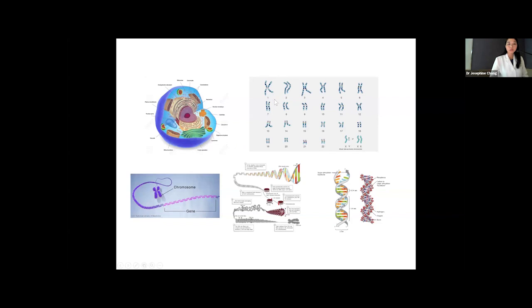Chromosome 1 has more than several thousand genes. If you are talking about the whole 23 sets of chromosomes, there are more than 20,000 genes involved. So one single chromosome has several thousand genes. If there is a trisomy involving a large, long chromosome, usually those patients will be more severely affected.